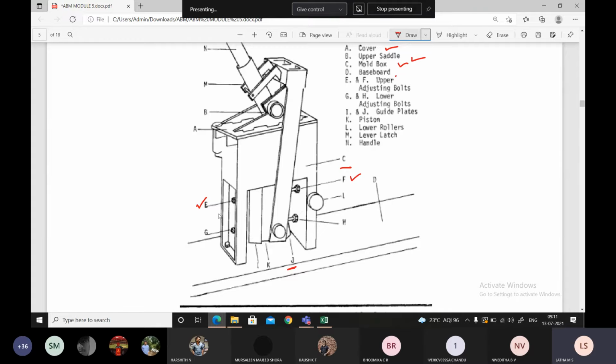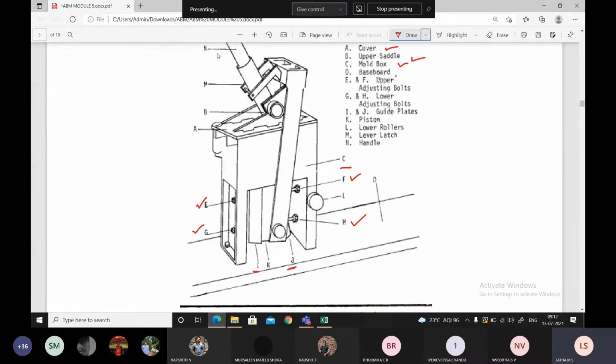G and H are the lower adjusting bolts. I and J are guide blades. They are the blades here. Then you can find the piston as K. K is the piston.